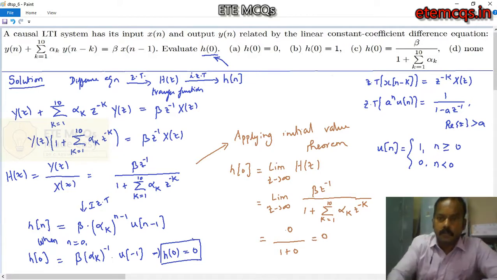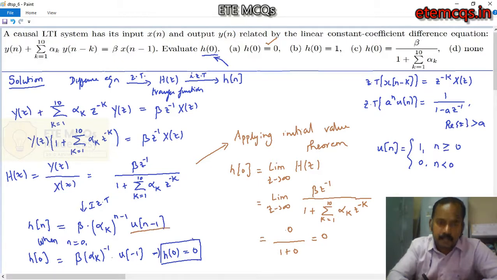So option A is correct. There are two different ways by which you can solve the problem. Since you are supposed to find h of 0, from H of z directly you can apply the initial value theorem, or else you can take the inverse Z transform, assuming that all the 10 partial fractions will be of this form, each scaled by the unit delayed version of the unit step, which is u of n minus 1.